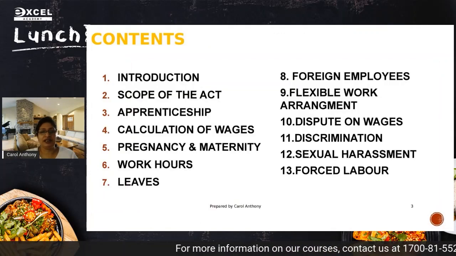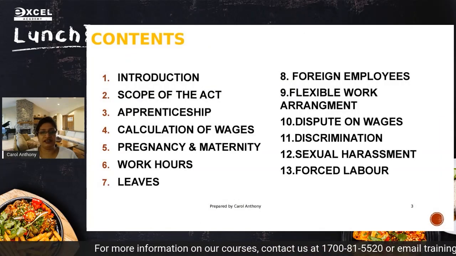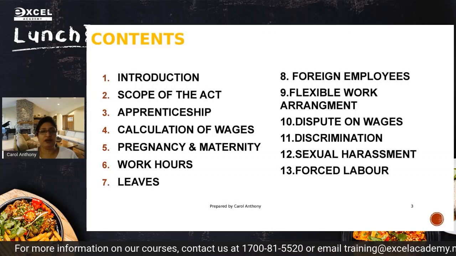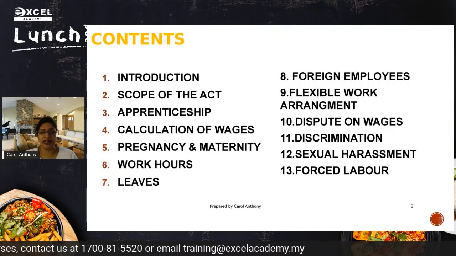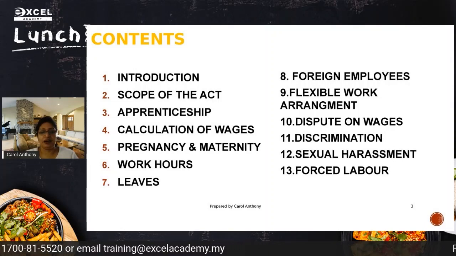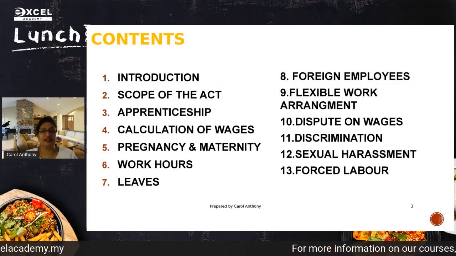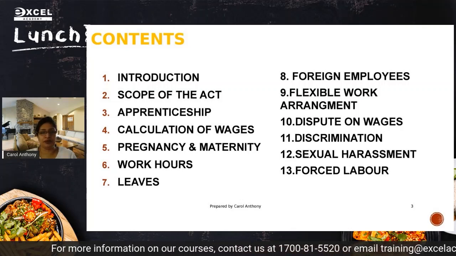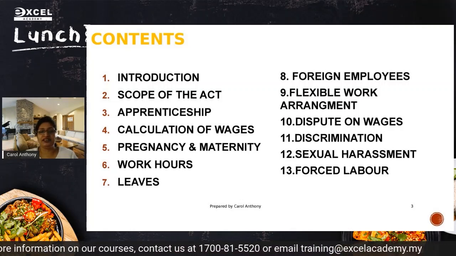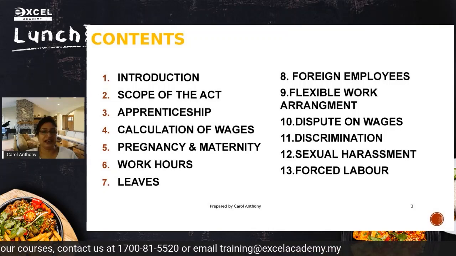So this will be the contents for today's session. I have zoomed in on some of the items which are changed in the Employment Act. Major ones which will affect almost everyone working as an employee and for employers who hire employees to know, right? There are some changes which are insignificant or minor.